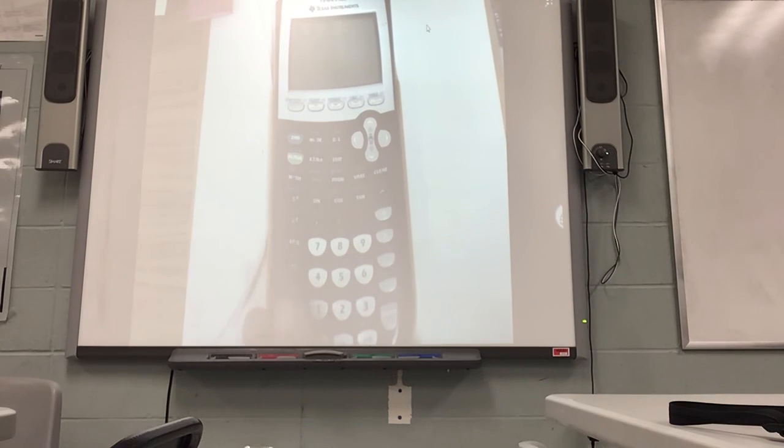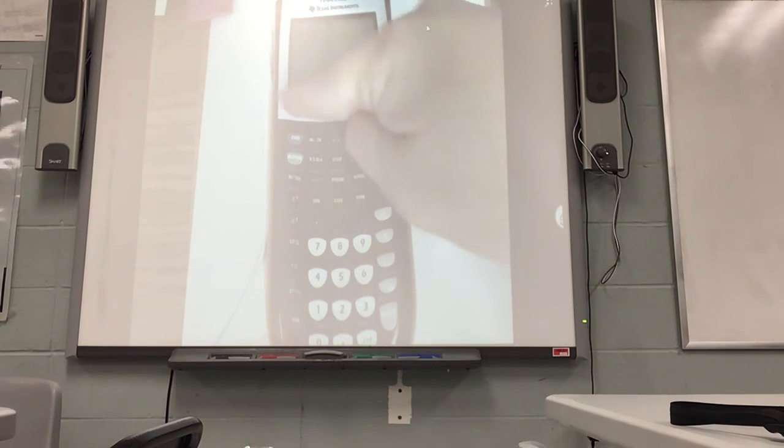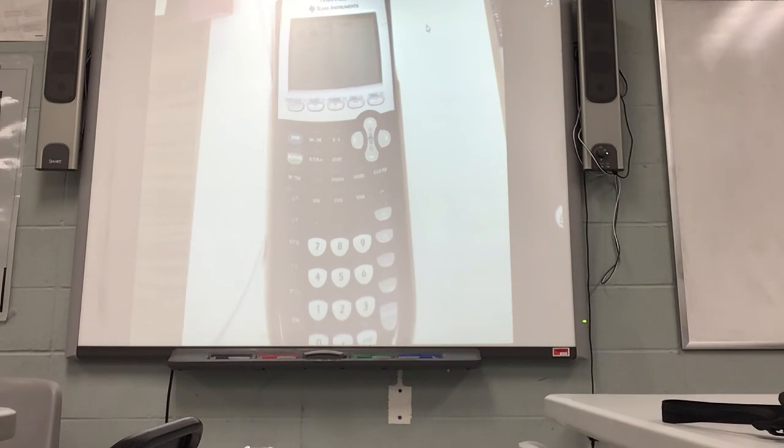Okay, so you're going to graph. We haven't even talked about how to graph a line on these things, but I think you already know how. All your graphing buttons are on that top row right underneath the screen. So I want to hit y equals. Let me just turn the lights off real fast.